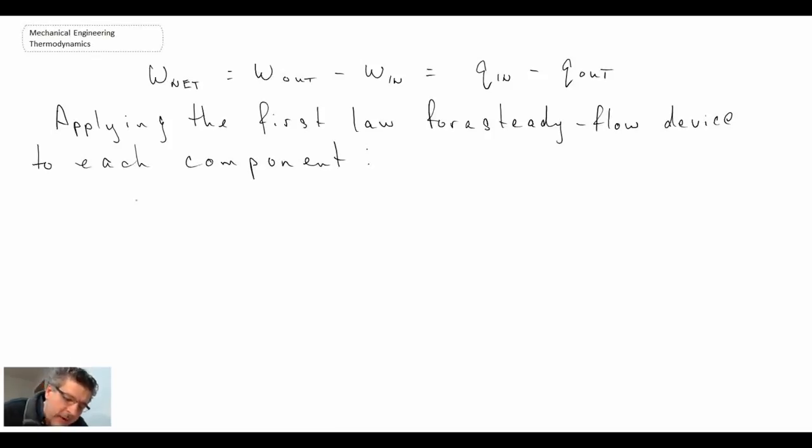So expressing or writing out the first law for a steady flow device, we have the following for our heat transfer.